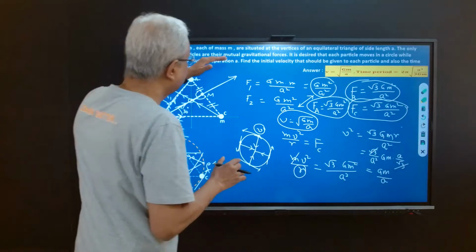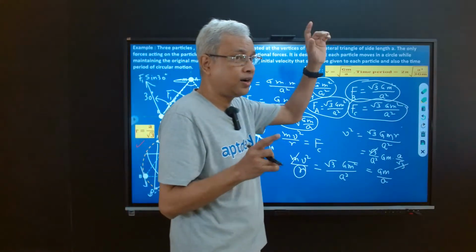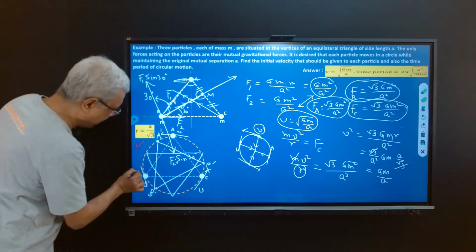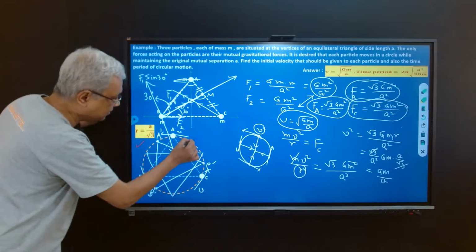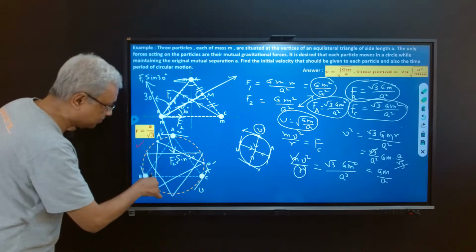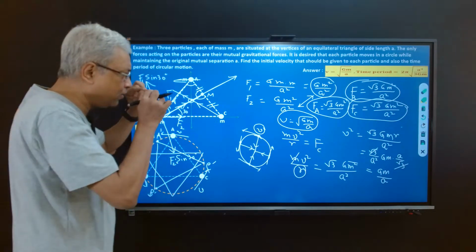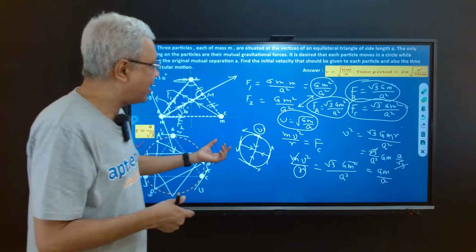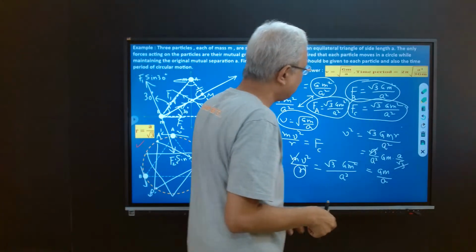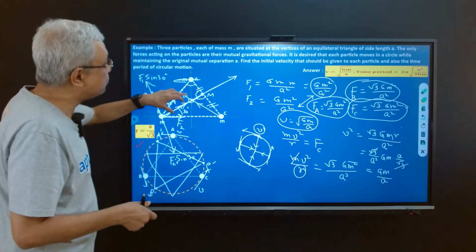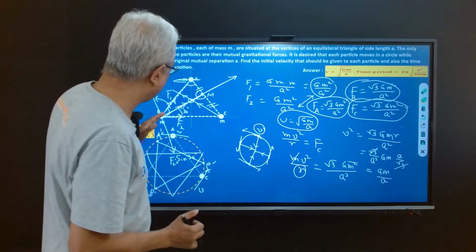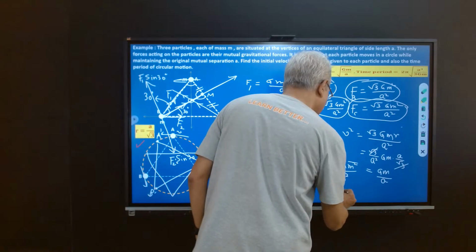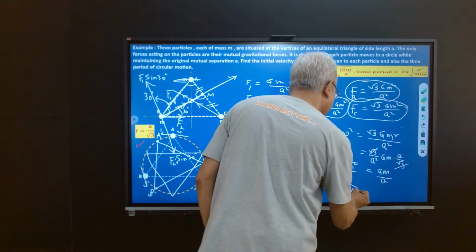The question has not asked what direction the velocity is to be imparted, but at every point the velocity must be given along the tangent of the circumcircle at A, B and C. If you give this, it will immediately start executing circular motion, and the necessary centripetal force will be given by the mutual gravitational force when they are added. So I get the answer v equals root over Gm by a.